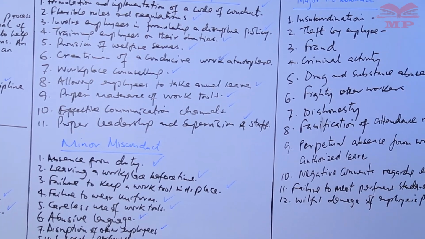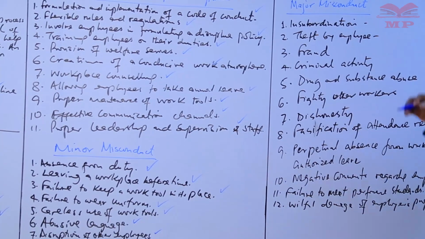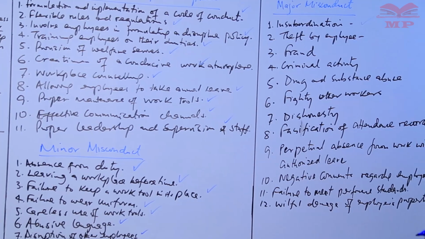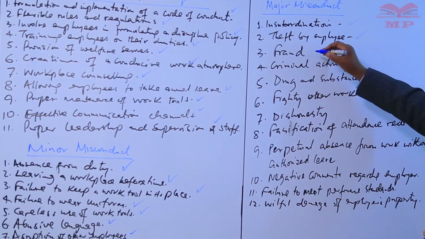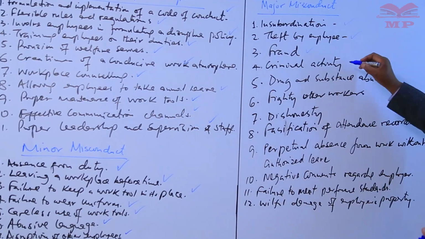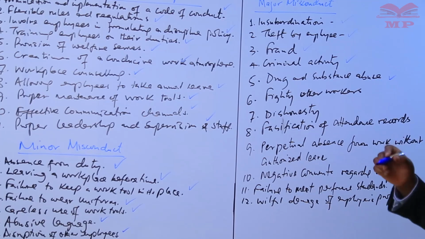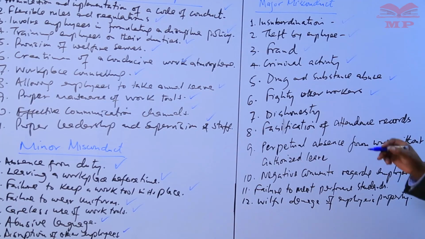Now, what are some of the major misconduct? We indicated that insubordination is number 1 of the major misconduct issues. Then 2, theft by employee. Then 3, fraud. Then 4, criminal activity. Then 5, drug and substance abuse. Then 6, fighting other workers. Then 7, dishonesty.